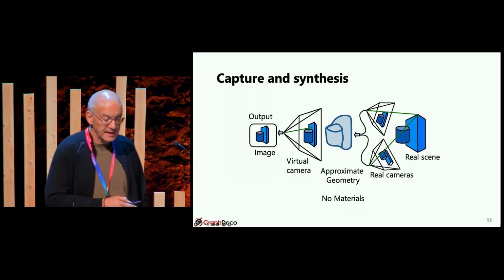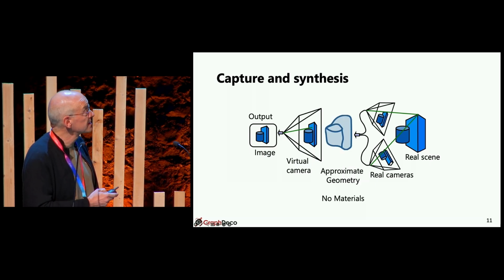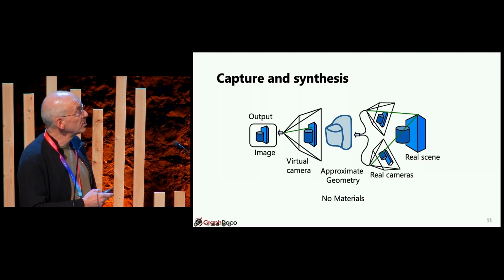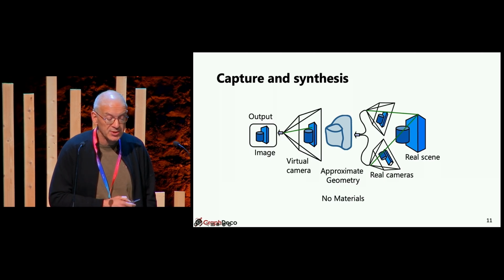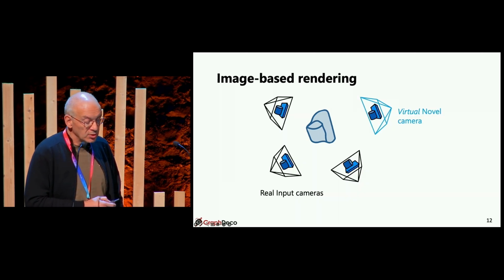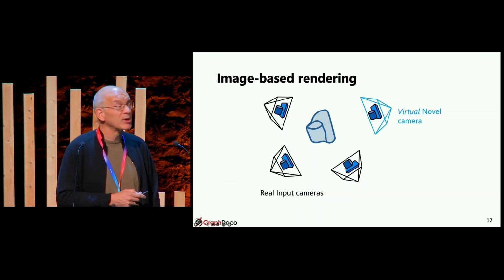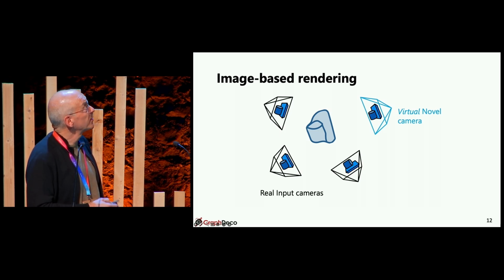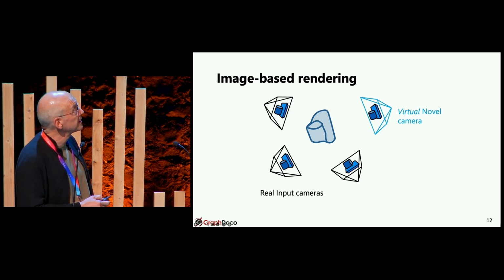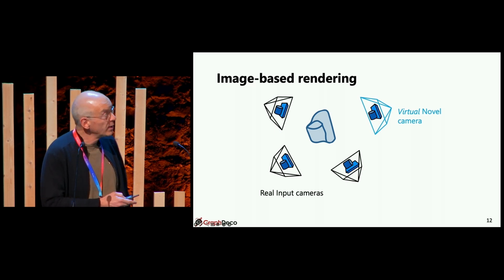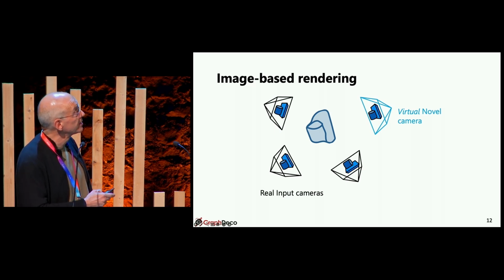The problem is that it's not the case that you can do this. So computer vision gives you very approximate geometry and typically no or very little information on materials. So a long time ago, the first idea people had, and I'll explain a little bit how this happened, was to develop a technique called image-based rendering, where you started with this approximate geometry, and you had your real input cameras, so the photographs that you took.